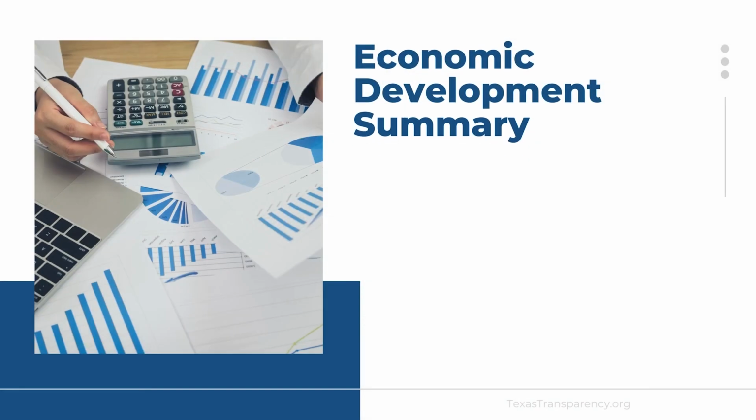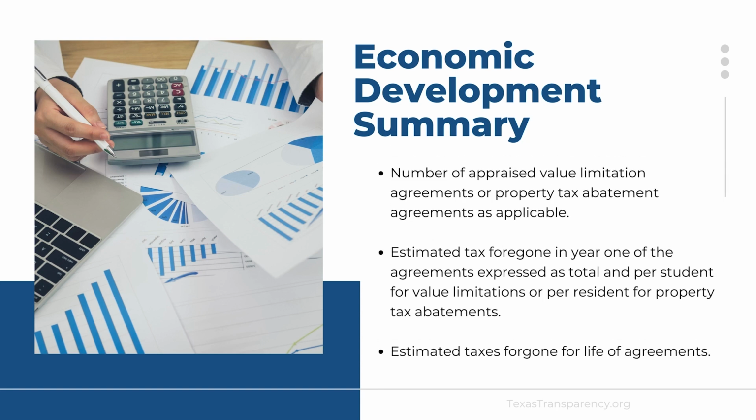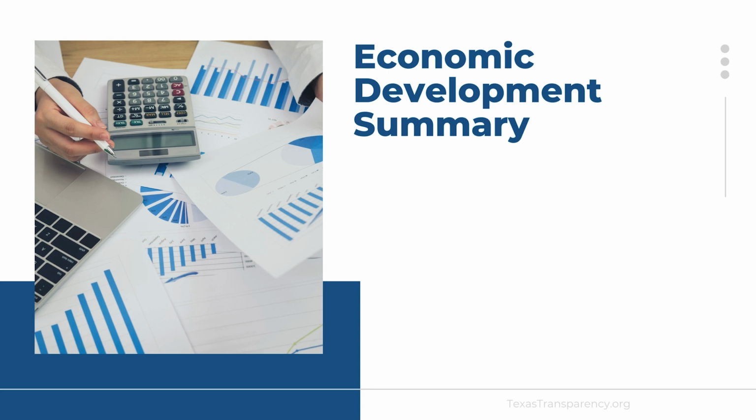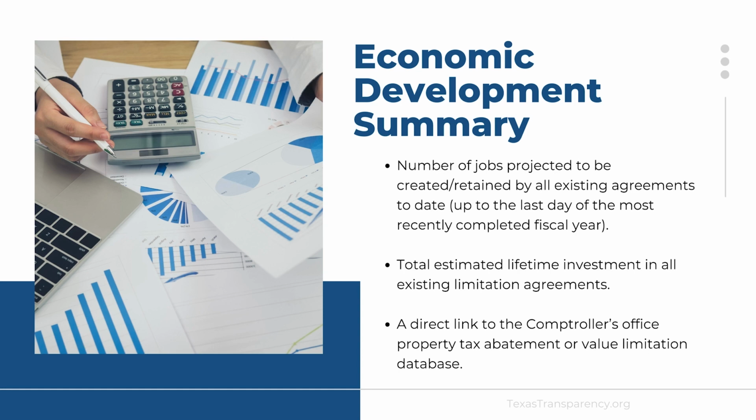This section should include an economic development summary, as well as the following items for tax abatements granted in the most recently completed fiscal year: number of tax abatements granted, estimated taxes abated in year 1 of agreements as total and per capita amounts, estimated taxes abated for life of agreements, number of jobs created or retained by agreements to date, up to the last day of the most recently completed fiscal year, and total capital investments received for agreements to date up to the last day of the most recently completed fiscal year.